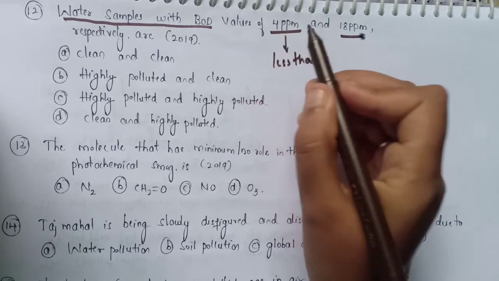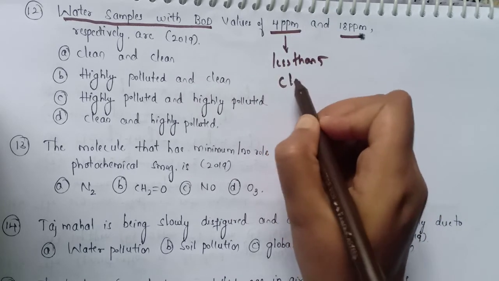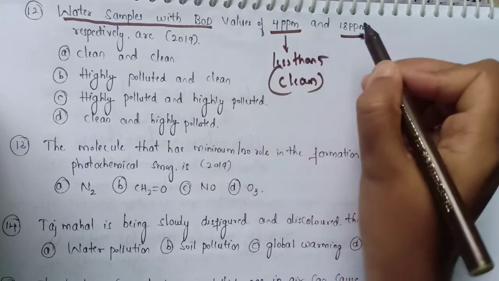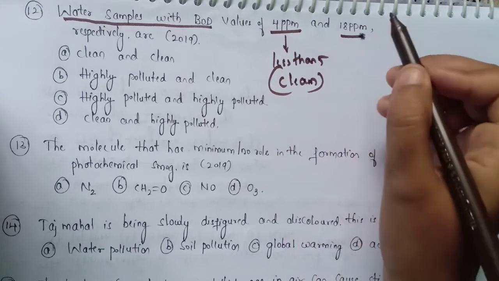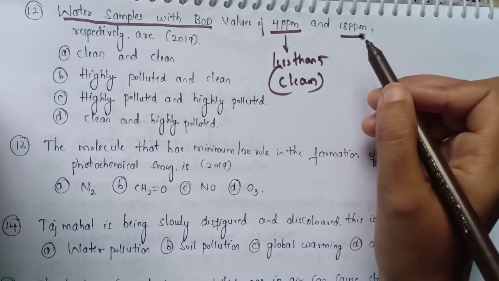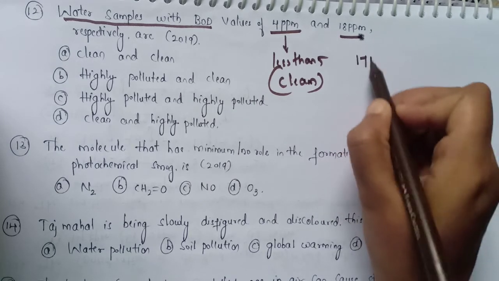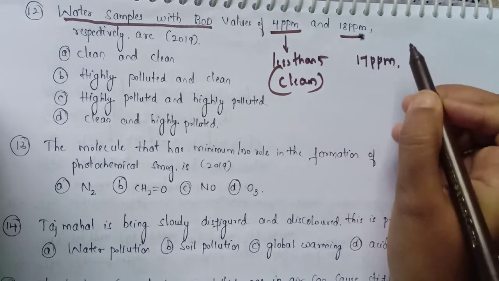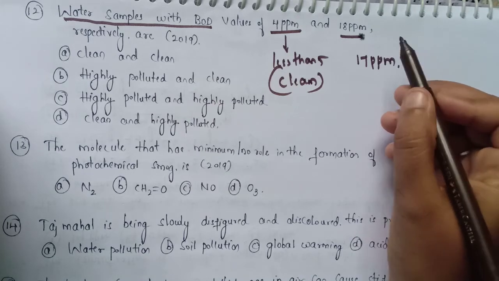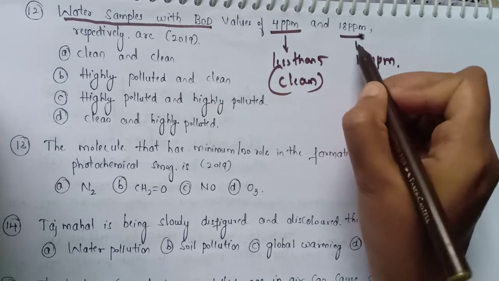That means 4 ppm is clean. While coming to 18 ppm, highly polluted water will have a BOD value of 17 ppm or more than 17 ppm. So here 18 ppm is highly polluted.